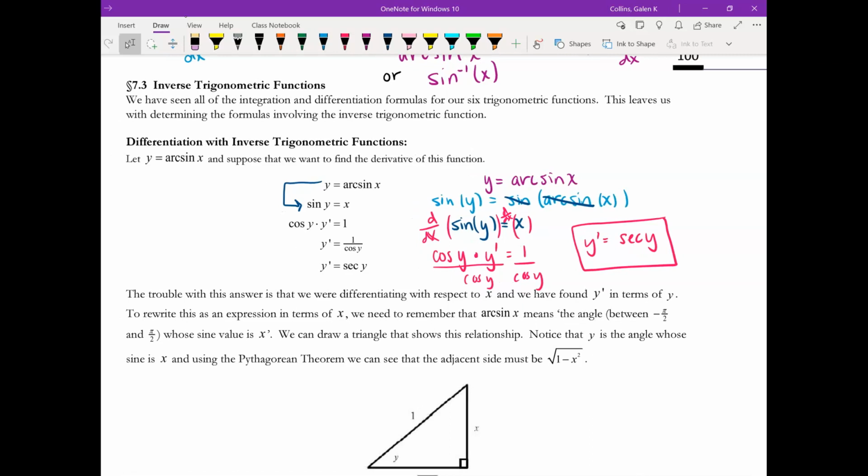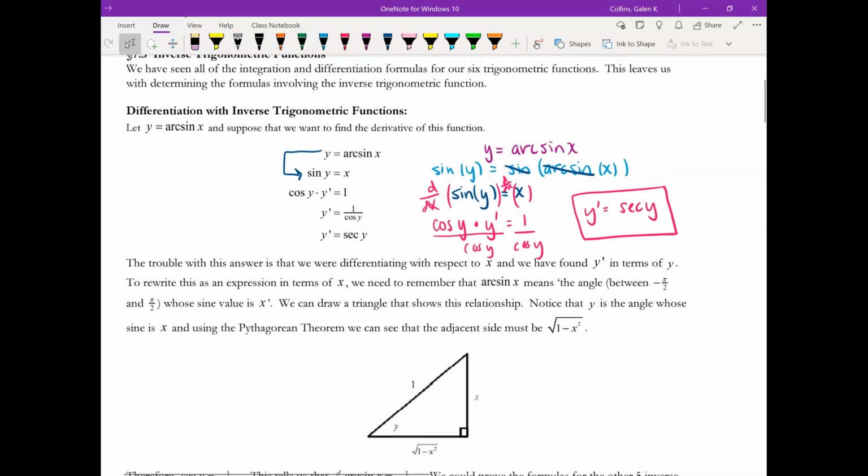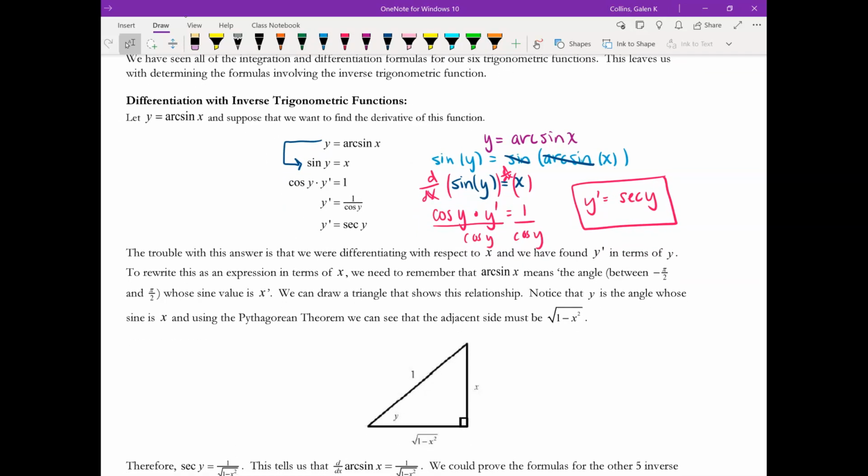So we can use a reference triangle that models this relationship. It's a bummer that this one's already drawn out for us in our notes. I wish it wasn't. But let's just think this through. Let's think about what it means that y equals the inverse sine of x, or more easily, let's go back to the second equation: the sine of y equals x.